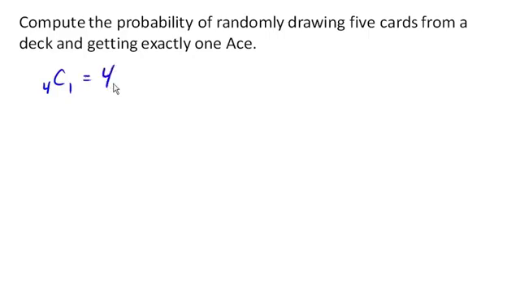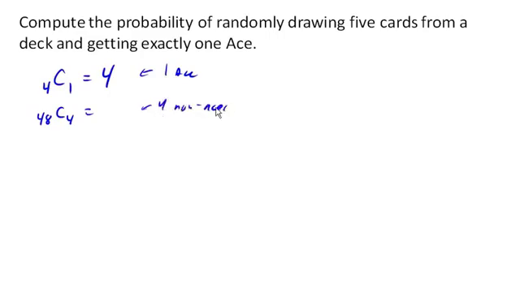And then from the remaining 48 non-aces, we're going to need 4 of them. Because in order for us to have exactly 1 ace, we need to have 1 ace and 4 non-aces. So this is 1 ace, and then this is picking 4 non-aces.